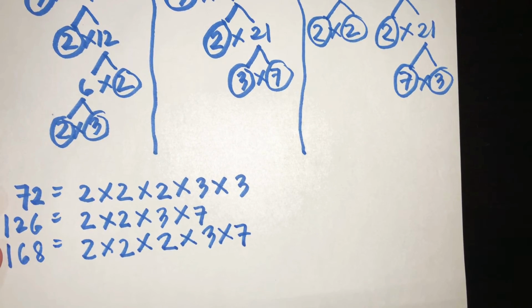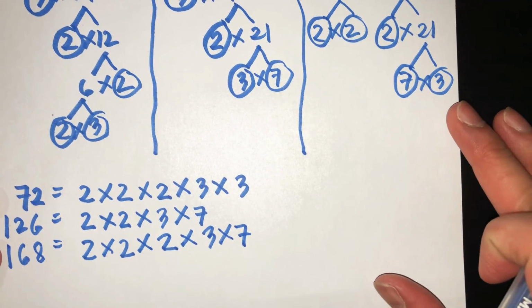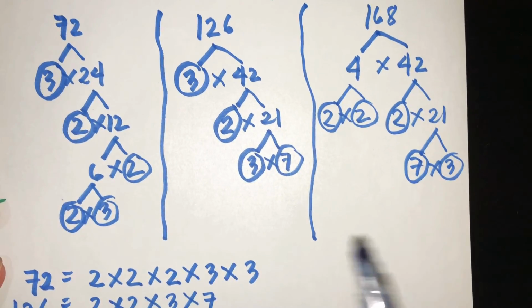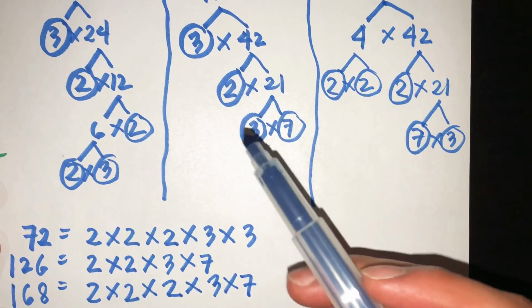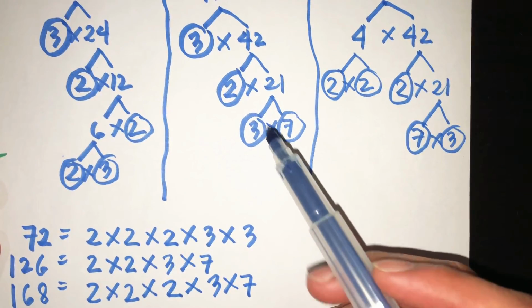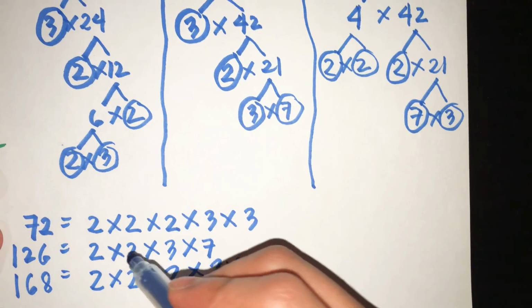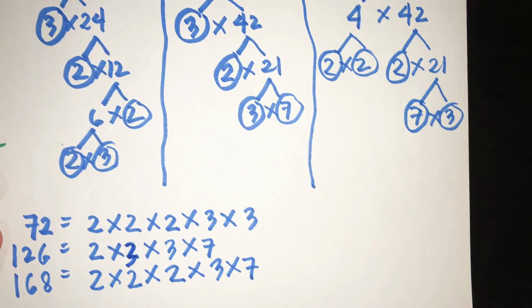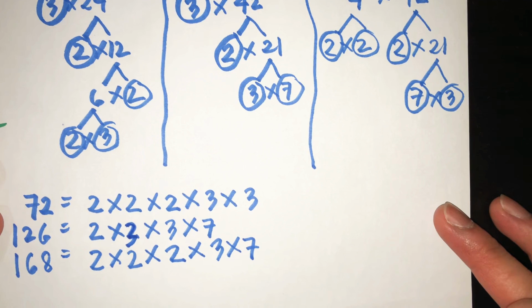Okay? Oh, wait. I think I made a mistake. For 126, let's check. So we have 2 times 3 times 3 times 7. So this must be this one. Okay?